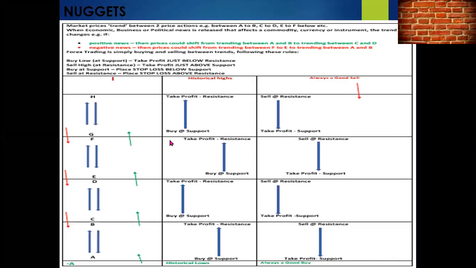So for the last time, let's just remind ourselves of how the market moves. It moves from a support to a resistance, and then back from a resistance to a support. So the market trends between a support and a resistance on any commodity, any futures, any currency pairs that we may be seeking to trade.